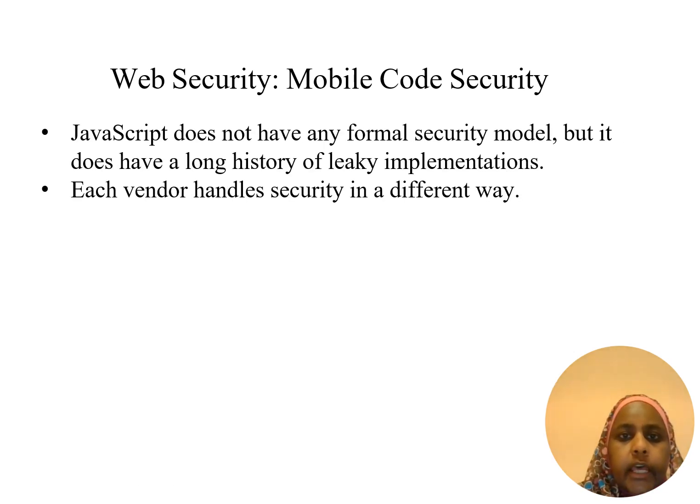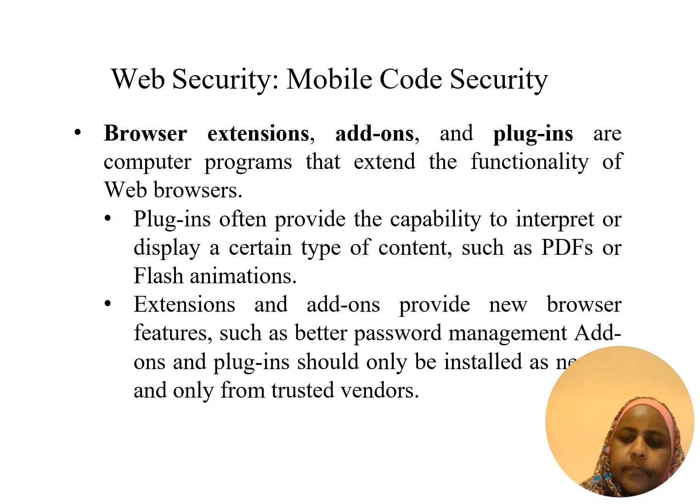JavaScript, on the other hand, despite its long history of leaky implementations, doesn't have a formal security model. Each vendor handles security in a different way. Browser extensions, add-ons, and plugins are another form of mobile code. These are computer programs to extend the functionality of a web browser.